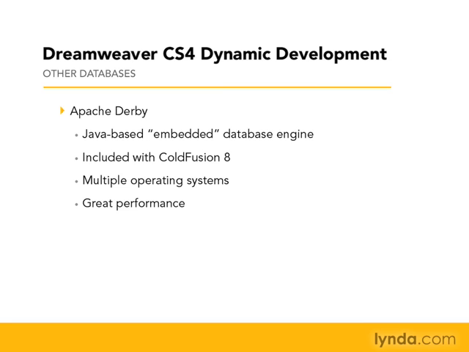Just like the enterprise databases, there's no direct support for Apache Derby in ASP or PHP, but if you're working with ColdFusion as your application server, it can also make for a very good choice. In this video series, I'll be using Microsoft Access for the sections on Active Server Pages and MySQL for the sections on ColdFusion and PHP.